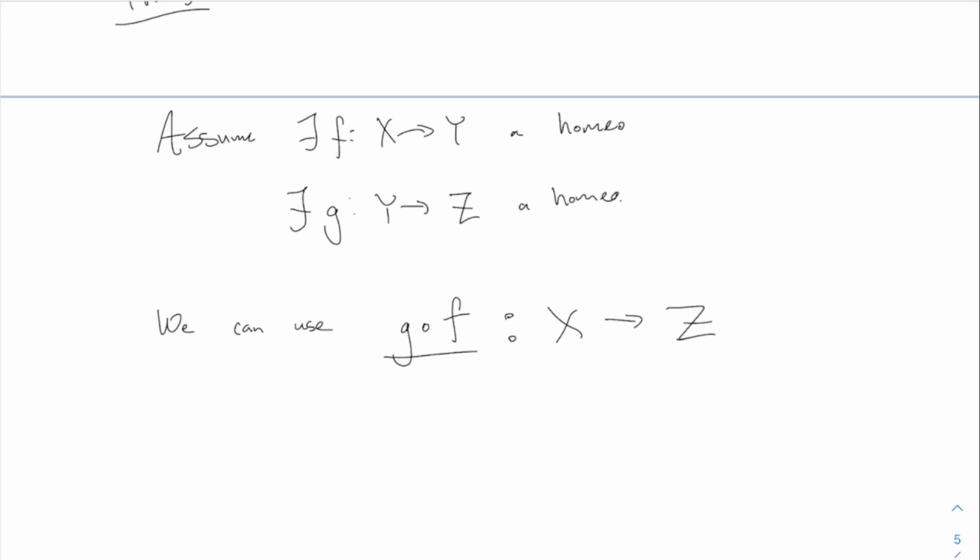Is it also continuous? If F and G are both continuous, does that mean the composition is continuous? The answer is yes. We talked about that last time, or two times ago. That was one of our basic theorems about continuous functions.